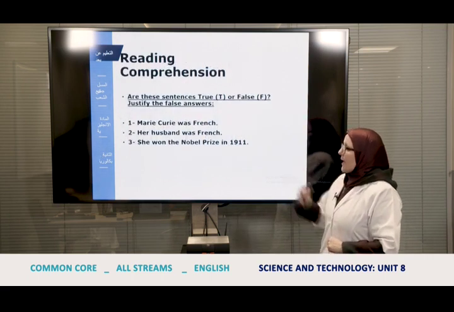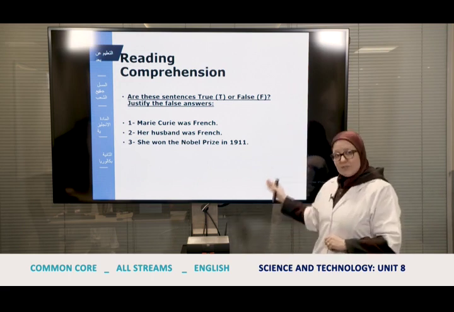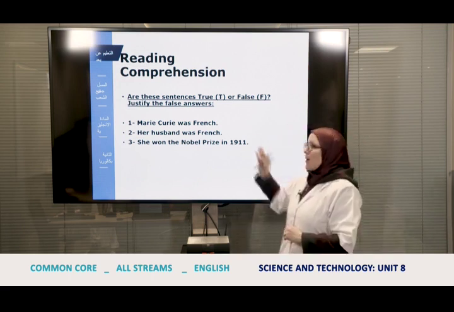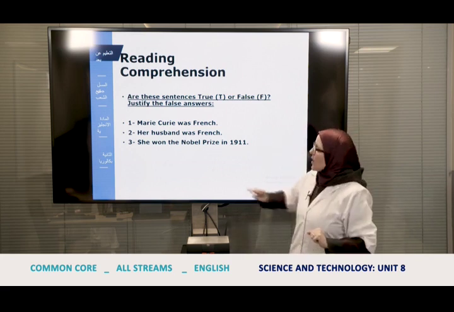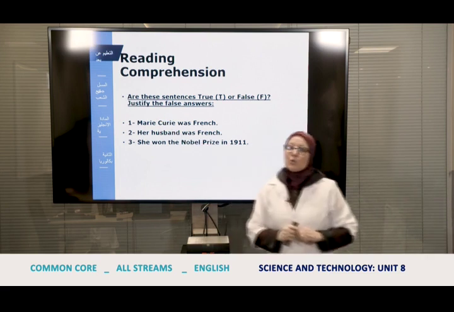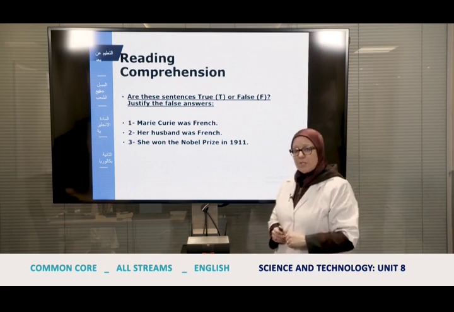Now please, I'd like you to note down these questions because you're going to have a conversation and you have to answer these questions by saying whether they are true or false, and you are asked to justify the false sentences. So I give you a few seconds to write down these questions. Have you written all of these questions?